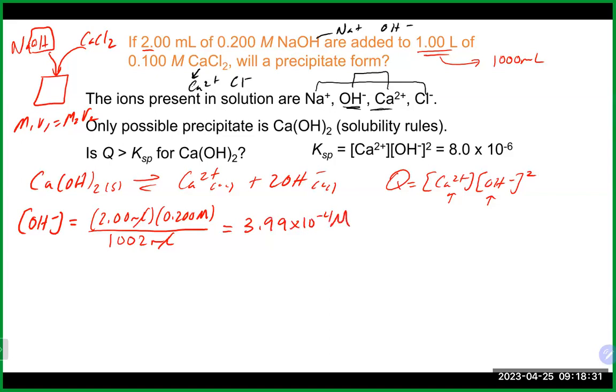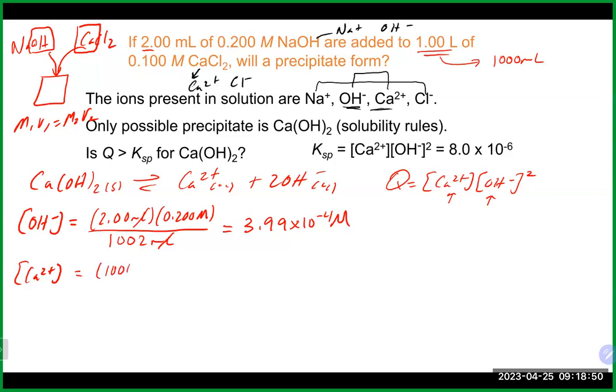Any questions on that there? We also want to get the proper concentration of calcium, which would come from our calcium chloride in this case. And we want to do the same deal. Our calcium here would be, again, I'm going to use milliliters.